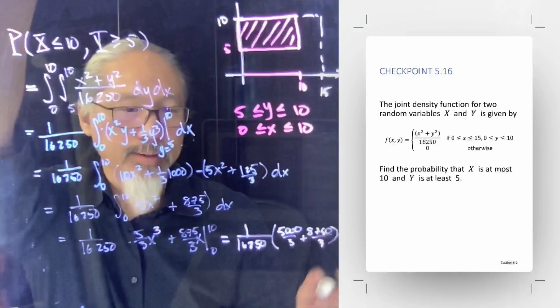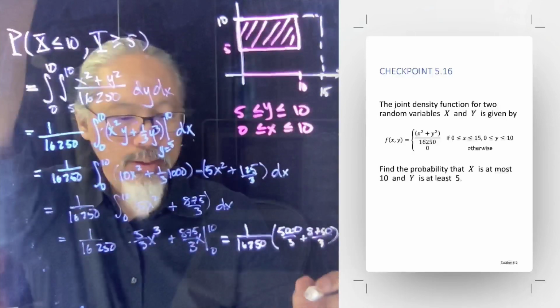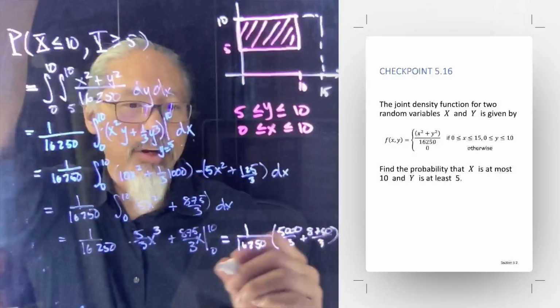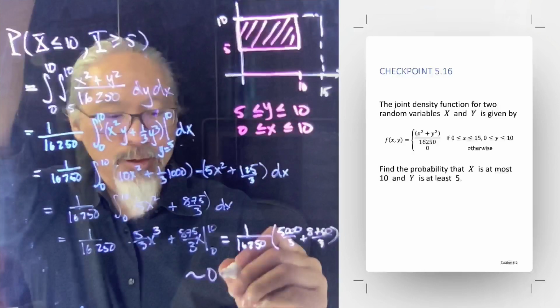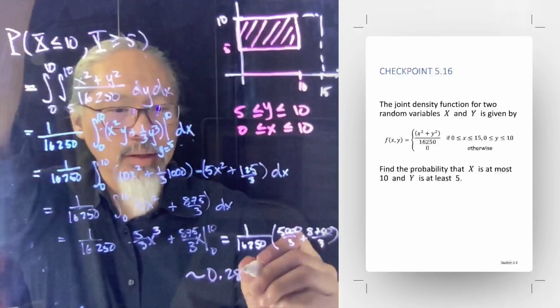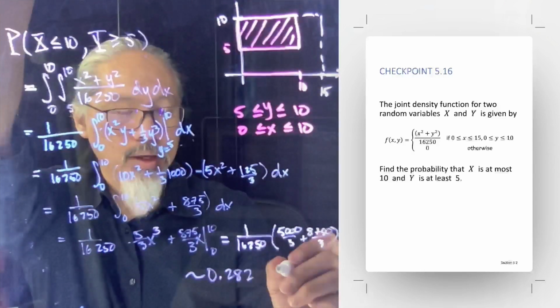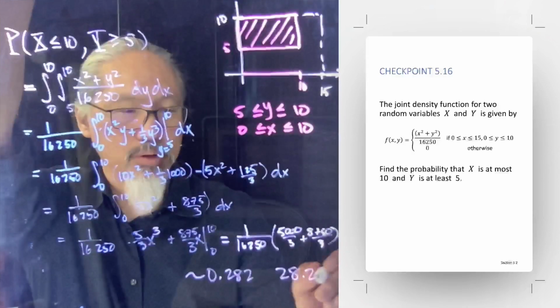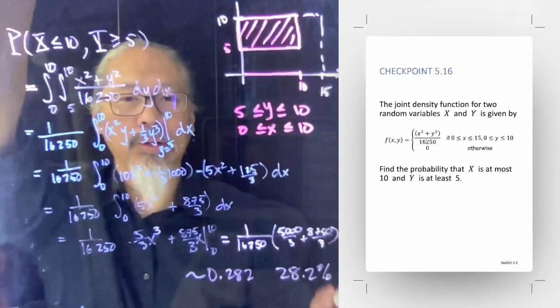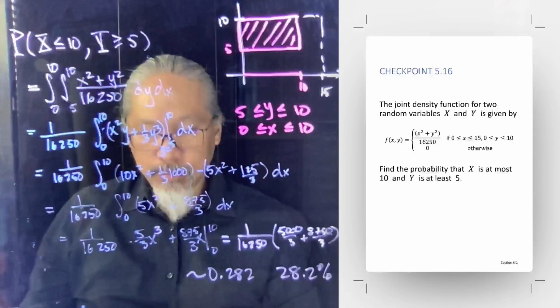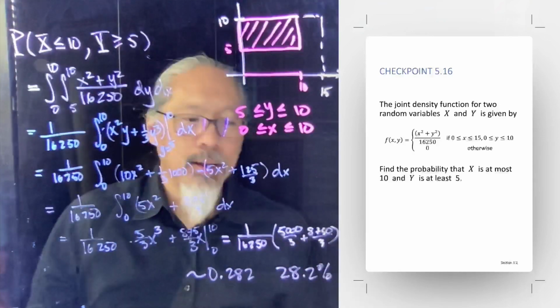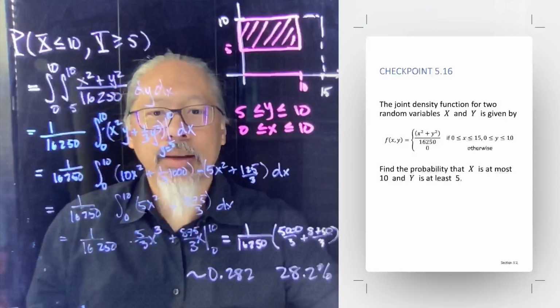And then, well, this will turn out to be a really big number. If we put it in the calculator, I ended up getting about 0.282, which is equivalent to about 28.2%. Usually probabilities can be written as a decimal, as a fraction, or as a percentage. All right, I hope that helps.